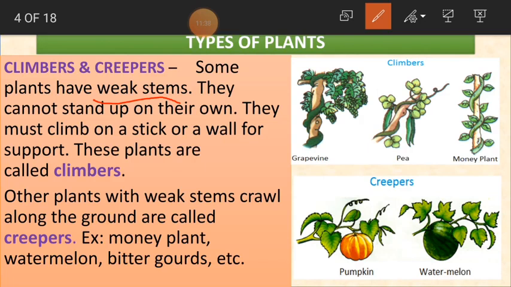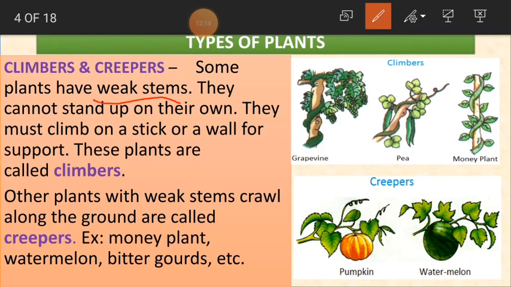They need a support. And how is that support given? With the help of a stick or a wall, we make them stand. You might have observed some climbers in your house. If somebody has plants in your house, we just put a stick near that climber, so that the plant climbs along with the stick, or it climbs along with the wall.